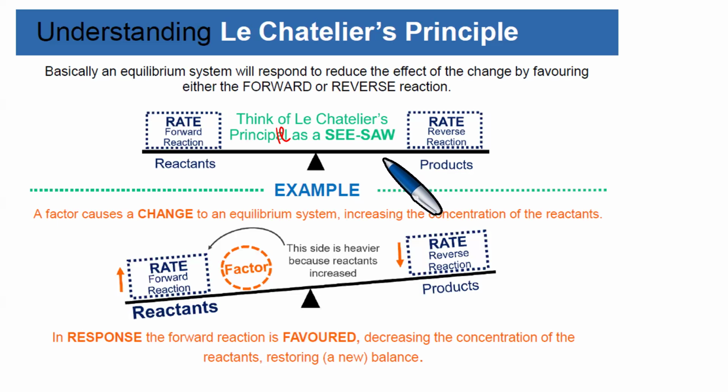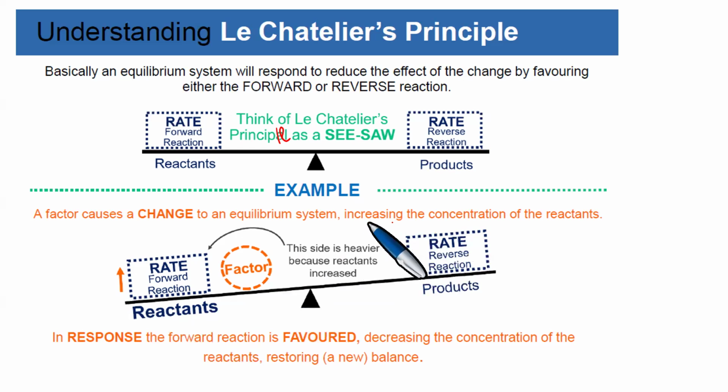Next, let's look at an example of Le Chatelier's principle. A factor causes a change to an equilibrium system, increasing the concentration of the reactants. Here's a seesaw example where, according to this description, this side is heavier because the reactants increased.